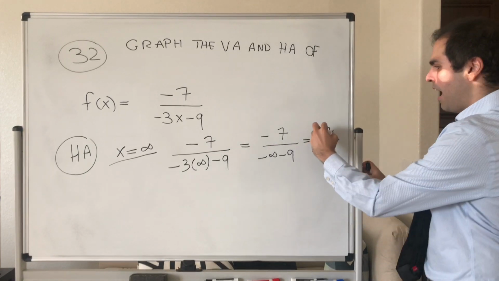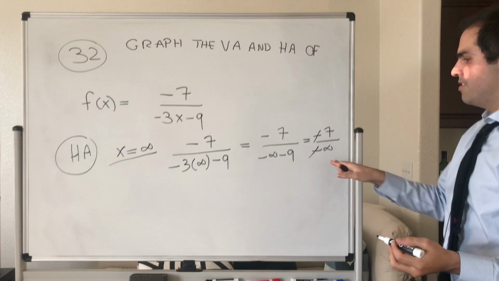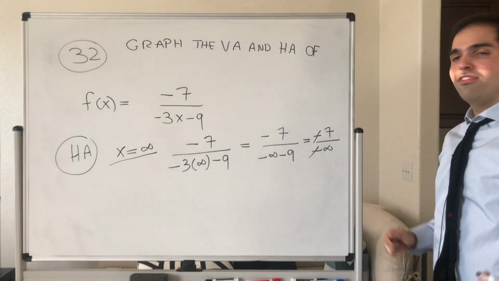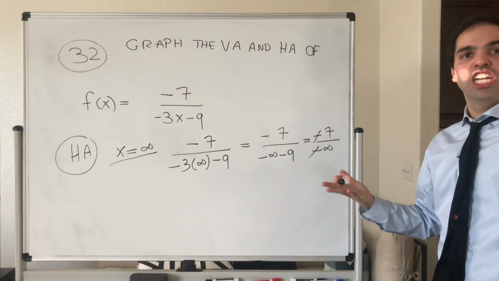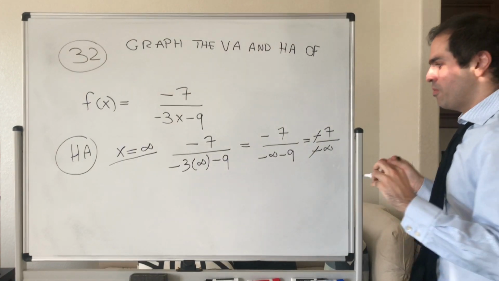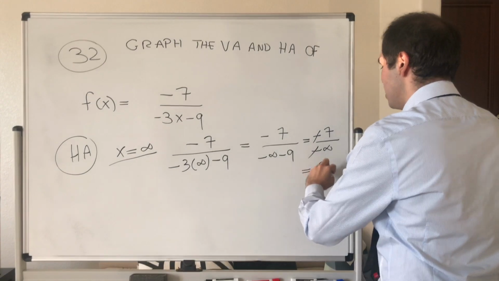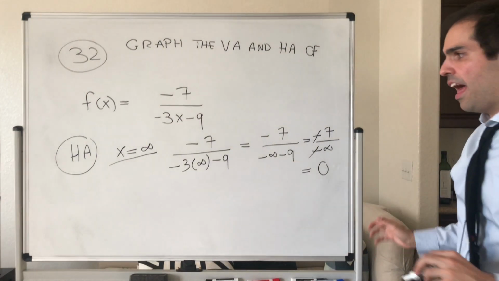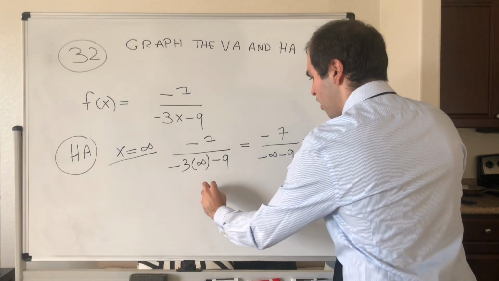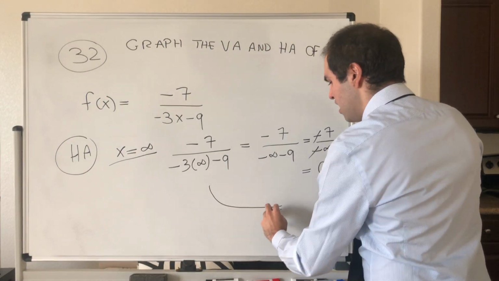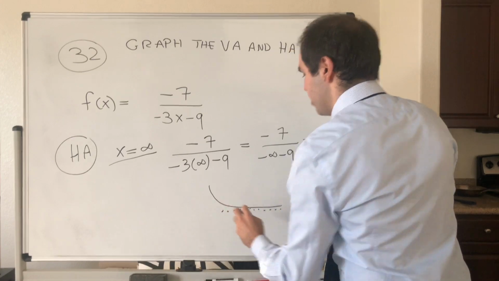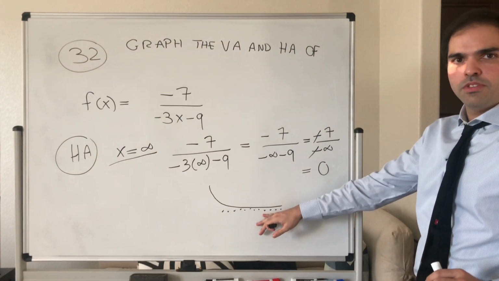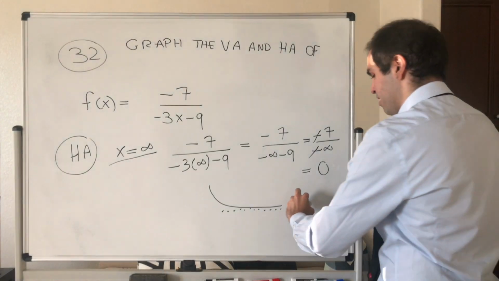And then minus 7 over minus infinity, that's 7 over infinity. And if you divide 7 by a gajillion, you get a very small number. So in fact, 0. So in particular, this tells you that if x gets very large, this function approaches 0. So a horizontal asymptote would be y equals 0.